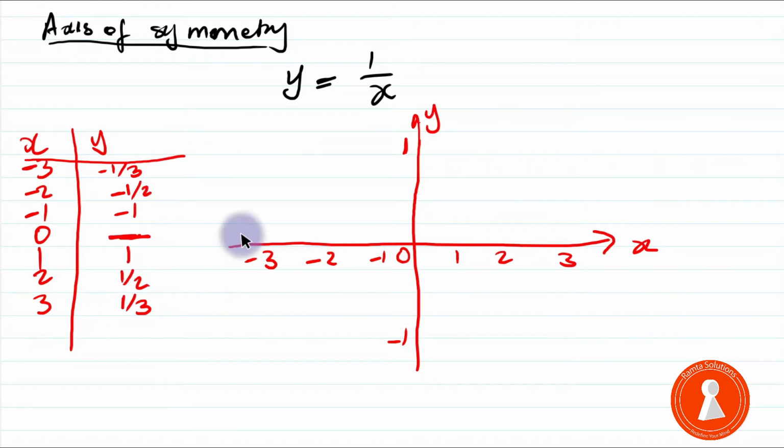Now remember, I said to you, we have the horizontal asymptote. It is y equals q. What is q here? q is 0. So this means y equals 0.